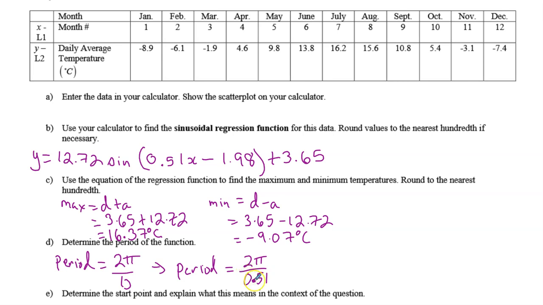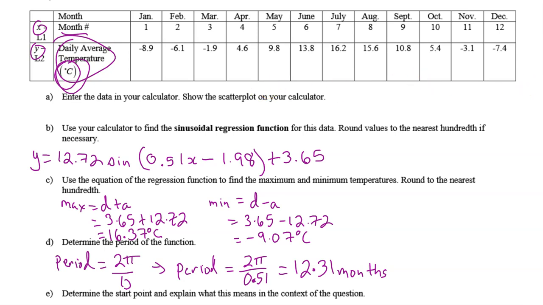And we get 12.31. And the period is in months. Okay, so don't forget units. If you're writing out answers, these have units, right? X-axis units are months. Y-axis units are in degrees Celsius. They are a temperature.